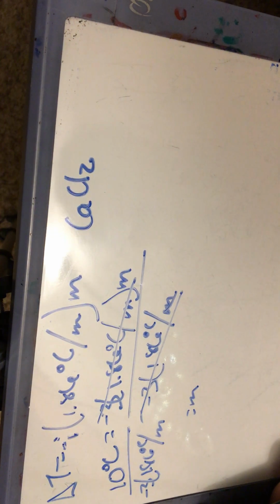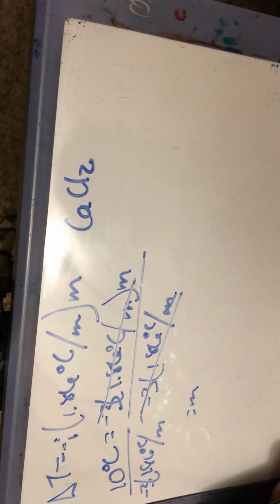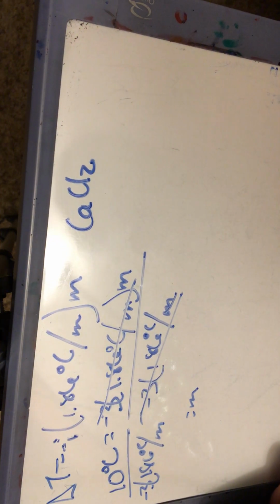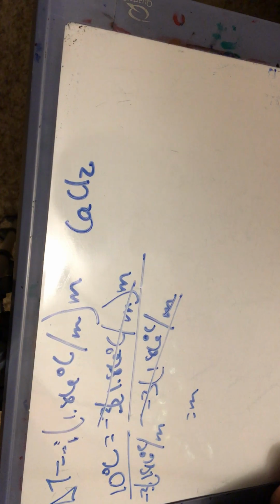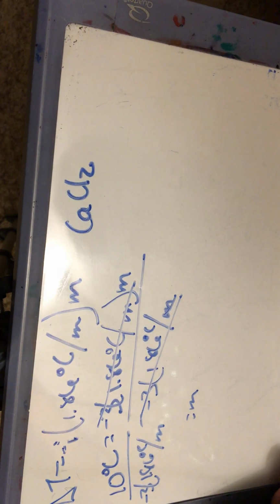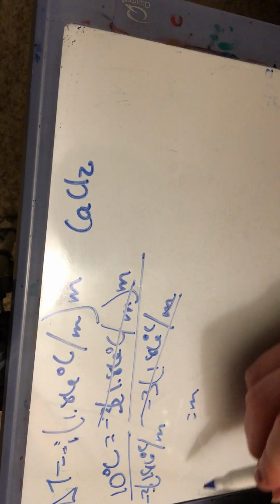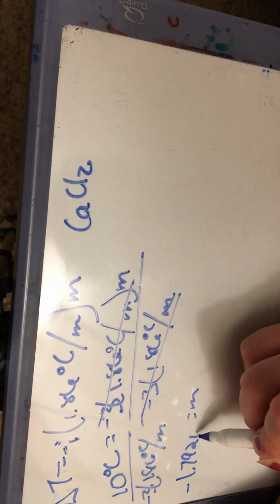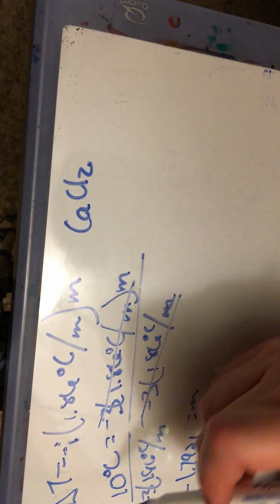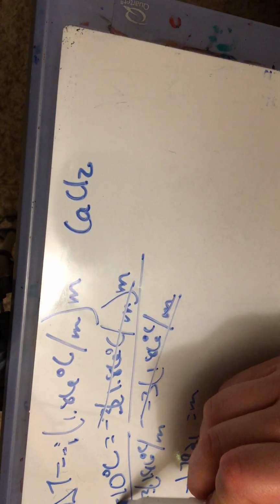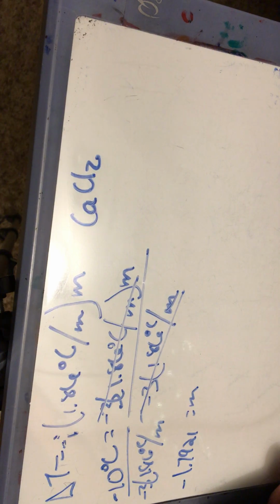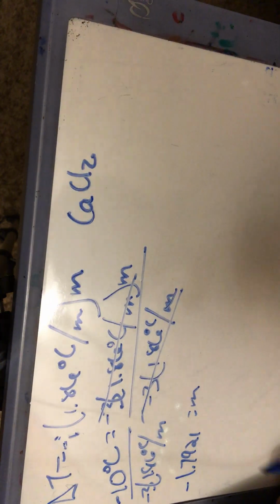Why don't we take negative 3 times 1.86 first? And 10 divided by that answer. I am showing negative 1.79210. I think that's going to be a negative 10, because we're lowering it by 10 degrees.